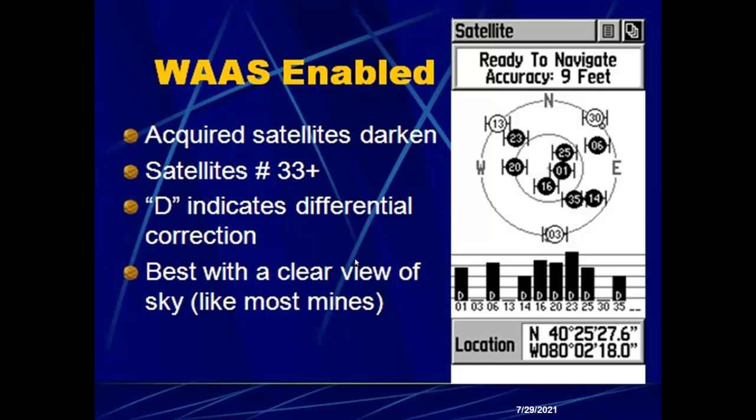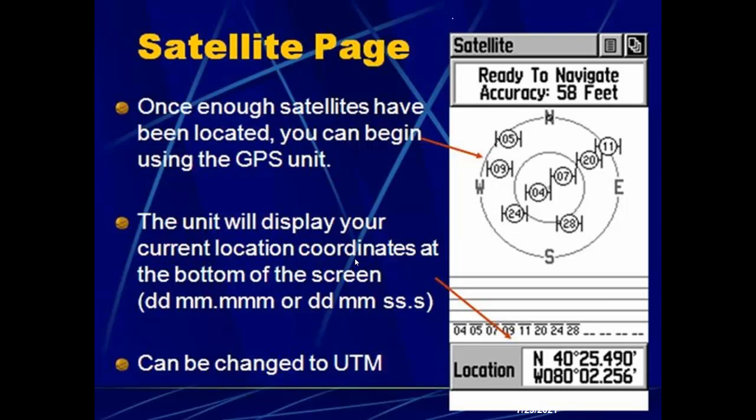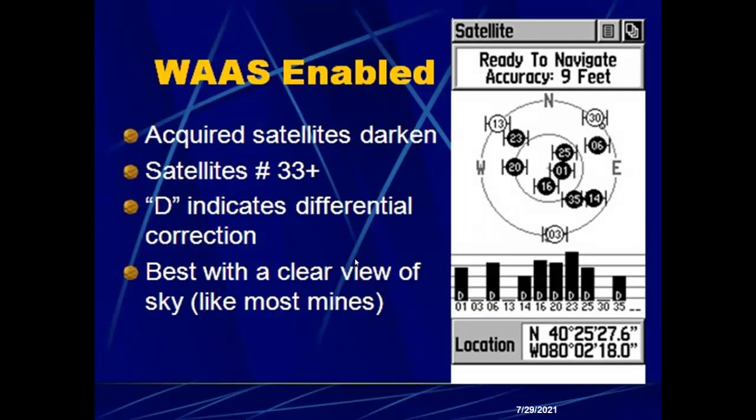So only those particular satellites will be highlighted. In the previous slide we can see that the accuracy is around 58 feet, and in the next slide the accuracy is 9 feet. When we get the required number of satellite feeds, we can get the reading values, and the reading accuracy is very high.